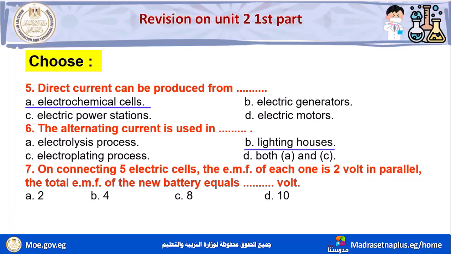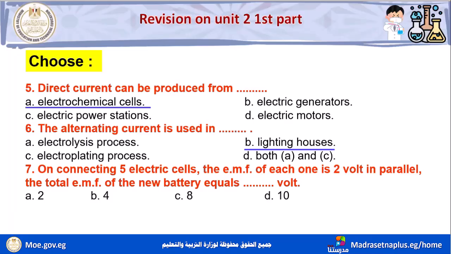Question number 7. On connecting 5 electric cells, the electromotive force of each one is 2 volt in parallel. The total electromotive force of the new battery equals blank volt.